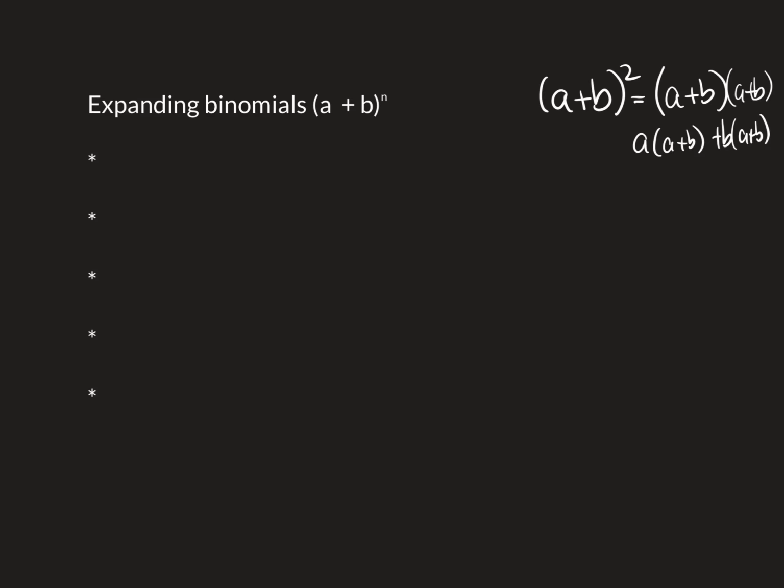One of the first things that you know is that there are n plus 1 terms in the expansion. So I tell students the first thing you're going to do is add 1 to your exponent. That's how many terms will be in your answer.